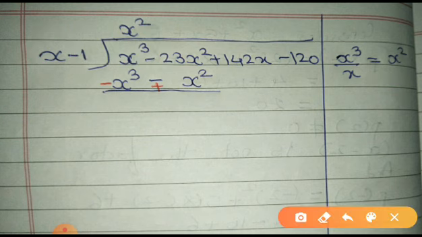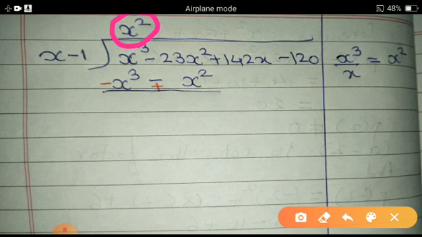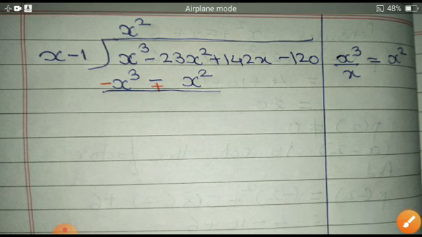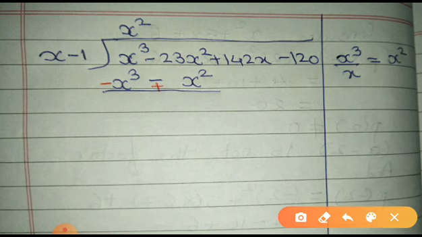Yes. So x square I'll write here in the quotient area, and then x square into x is x cube. So x cube should be written below your x cube itself. Like terms should be added together. Next is x square into minus 1, which is minus x square. So that minus x square should be written below minus 23x square.